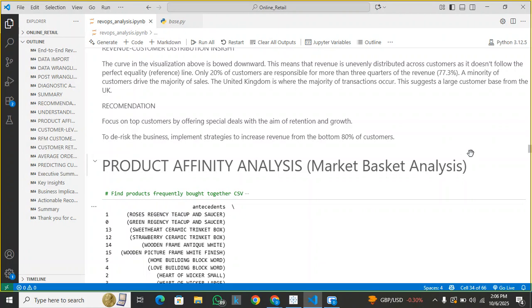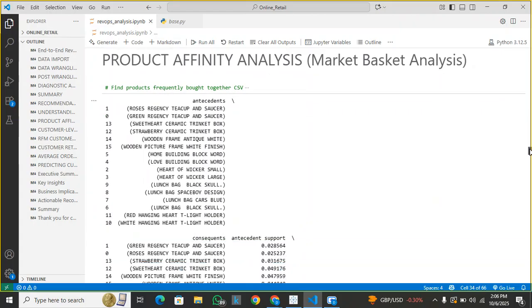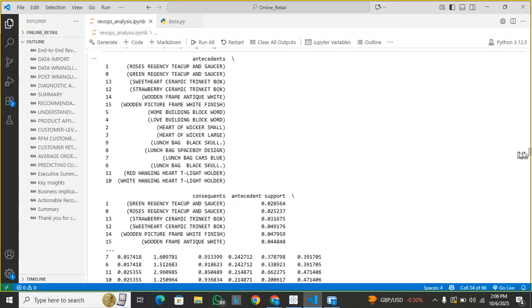Moving on, I checked product affinity. I carried out product affinity analysis to see which products are most likely bought after one is bought. So I used this table to show how these products relate to each other, how customers buy these products.